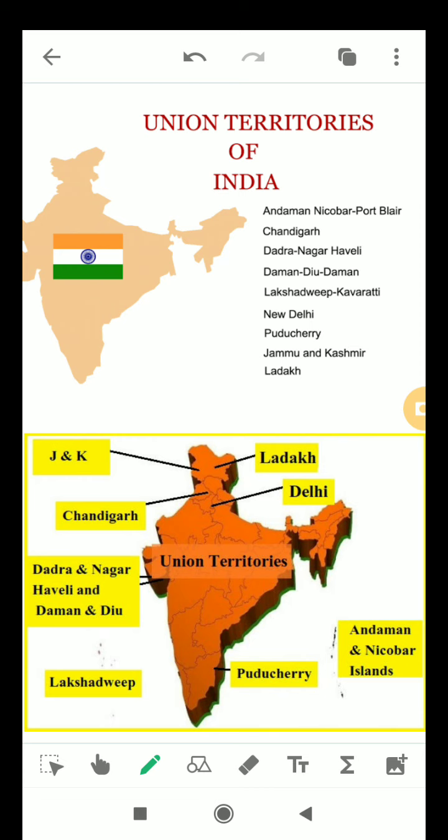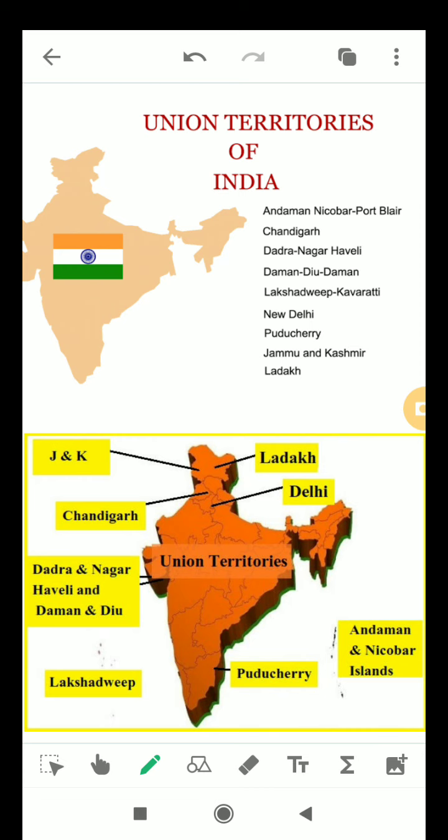As you know, India has 28 states and 9 union territories. A union territory is like a small state, but it is operated by the Indian government, and it selects its own elected government.